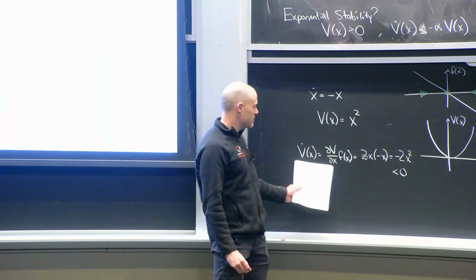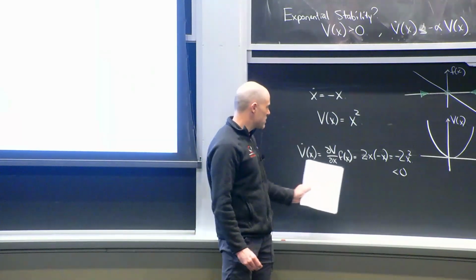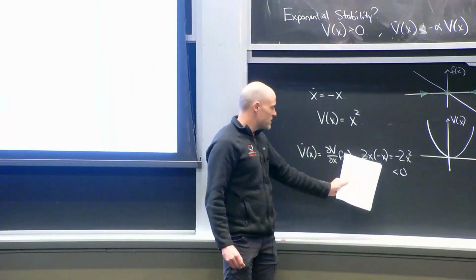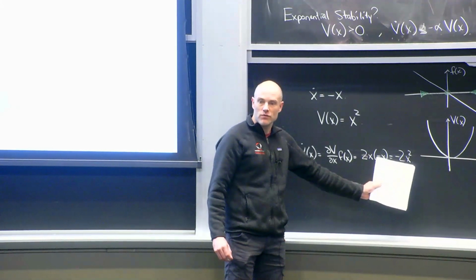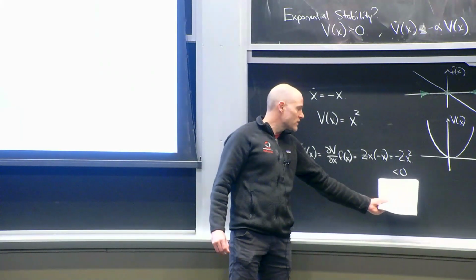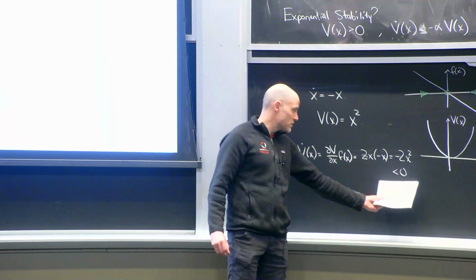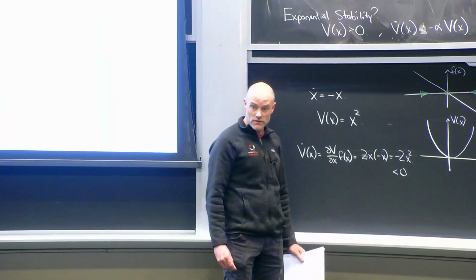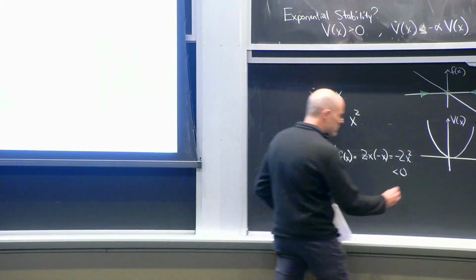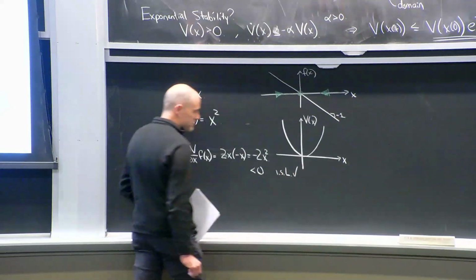V dot of x, I can just run the mechanics. I get 2x for the partial v partial x. Put my dynamics in for this, I get negative 2x squared. That's what V dot is going to be. That is a strictly negative definite function. It's 0 at 0, but negative everywhere else. So that means it's good enough for stability in the sense of Lyapunov, yes.